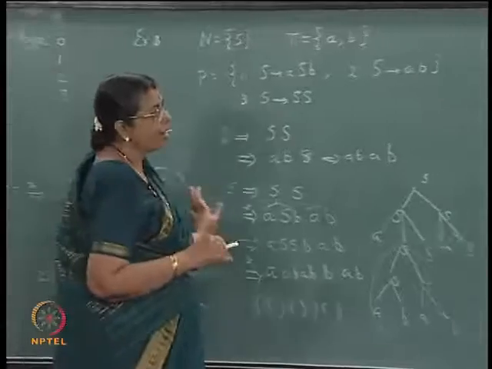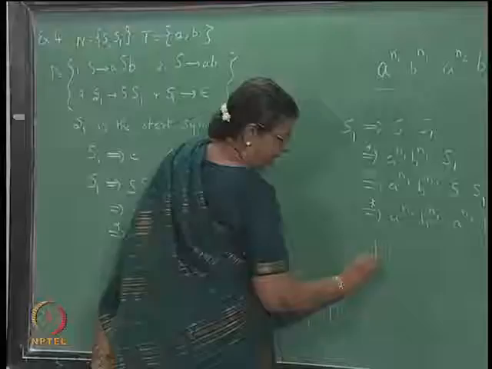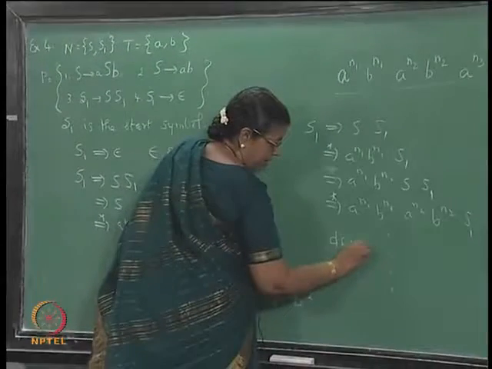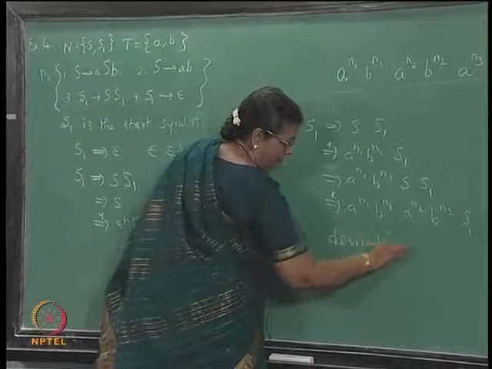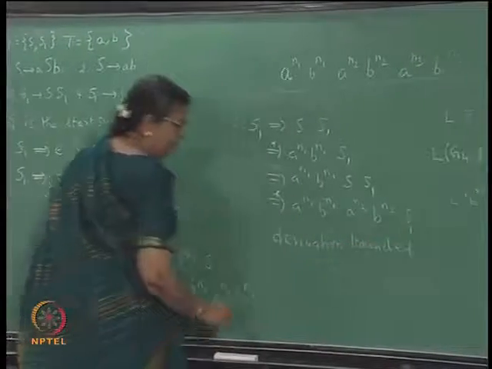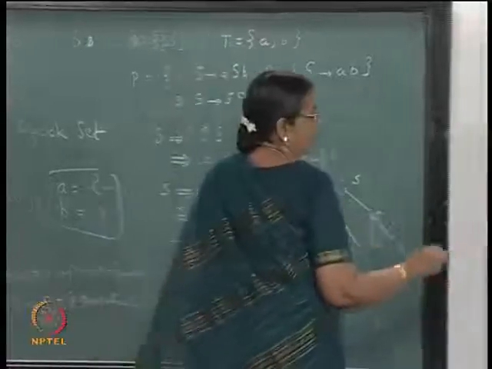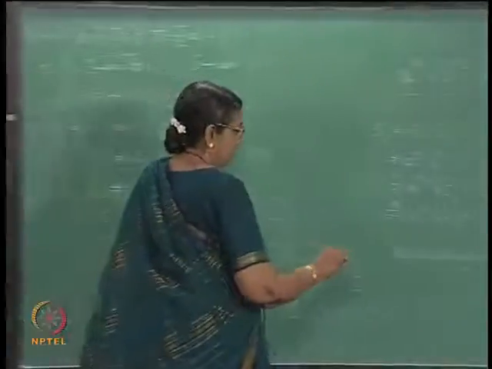So this sort of a language is called derivation bounded. And this sort of a thing is also called the language of finite index.